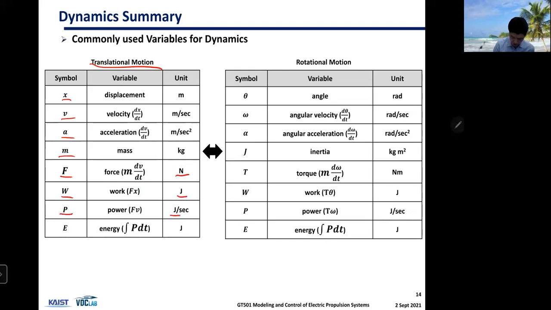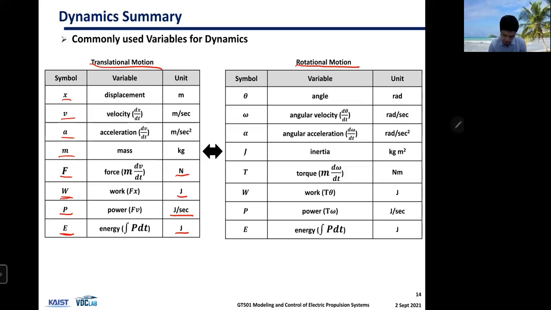Power is joule per second, so work divided by time. And energy is joule. So energy and work has same unit. And energy is power integrated over time.